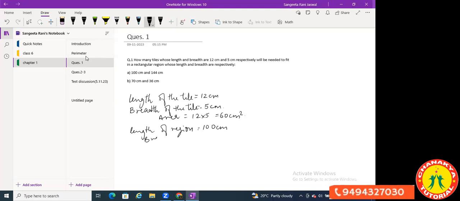Its breadth is 144 centimeters. Ma'am, the area of the rectangular region is 14,400 centimeters square.